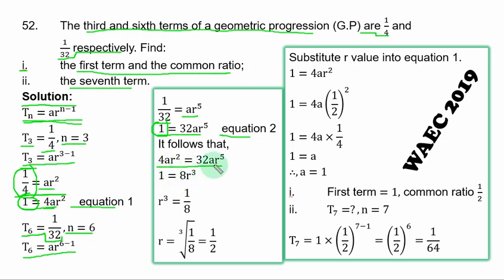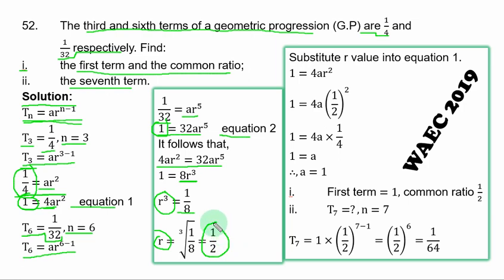A, we cancel a. If you divide through by r squared, you have r power 3 remaining on the right hand side. To get r cube, divide both sides by 8. And to get r, you need to take the cube root of both sides. When you do that, r becomes 1/2.